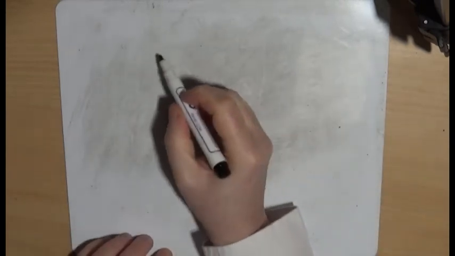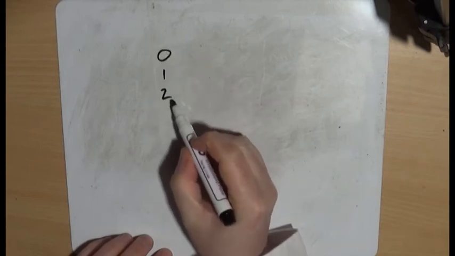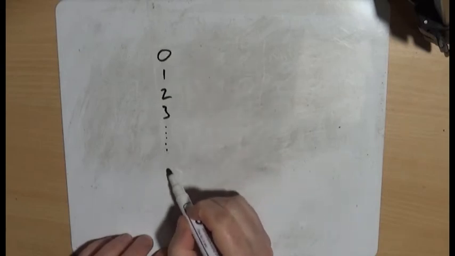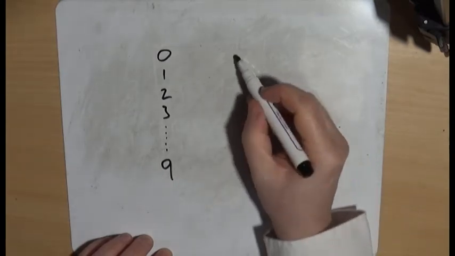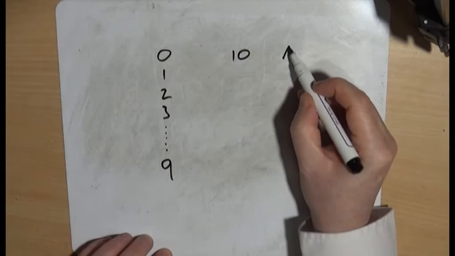So the first 10 are pretty straightforward. 0, 1, 2, 3, all the way to 9. We can just write down the normal numbers, that's easy. Once we get to 10, we can start using letters instead.